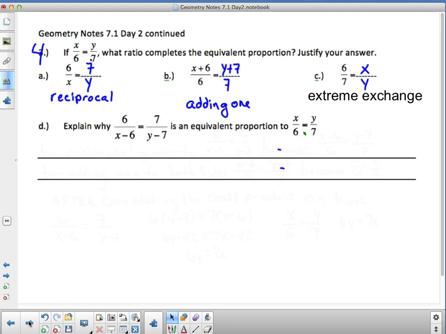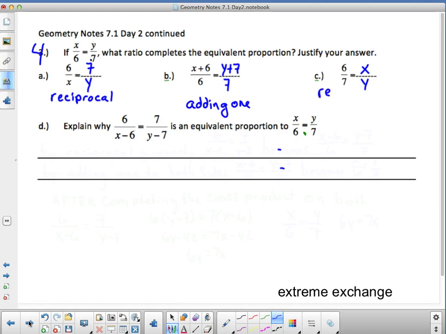Okay, once you see that 6 is on top and 7 is over on the side, that's kind of a crazy thing, and I don't think that's extremes exchange. I was thinking it was extremes exchange, and I was thinking that I did that, but I'm not sure why. I had it up there. It's reciprocal and means exchange, not extremes exchange.